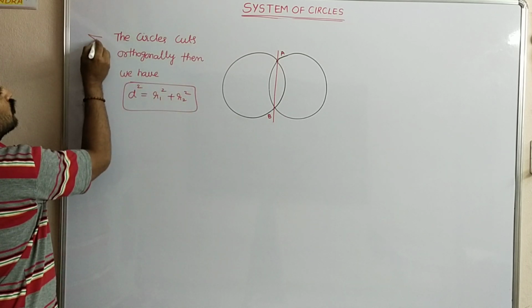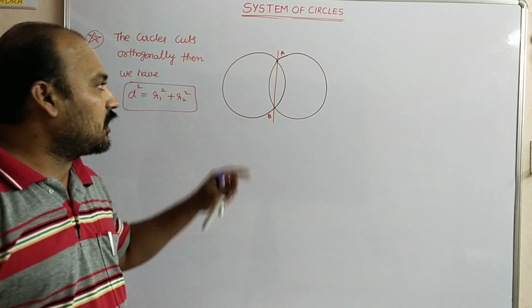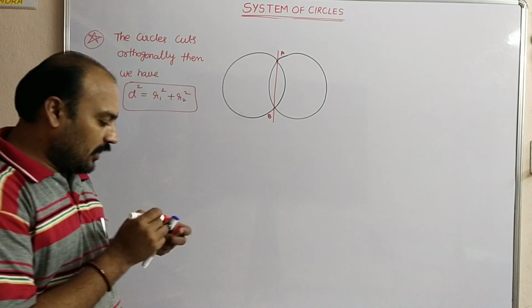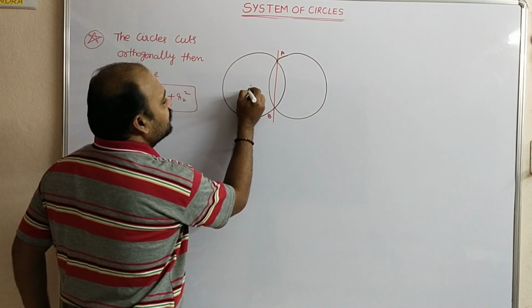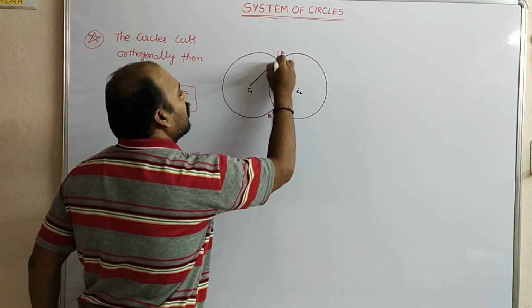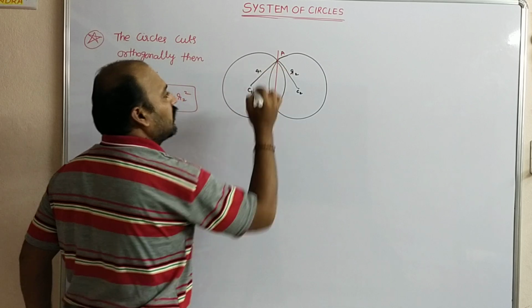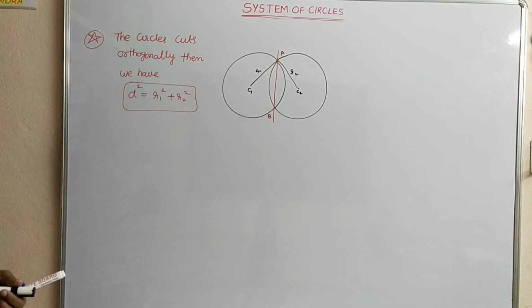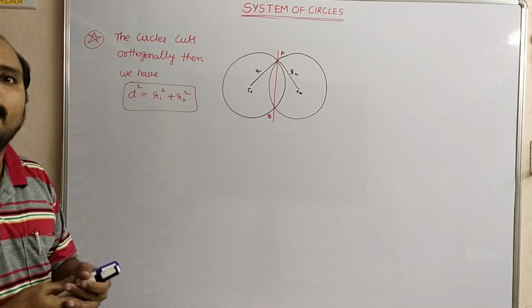In this session we already discussed this point. When the two circles cut orthogonally, the centers are C1 and C2 and their radii are R1 and R2 respectively. This is R2, this is R1. How do we calculate the length of the chord? AB is the length of the common chord.